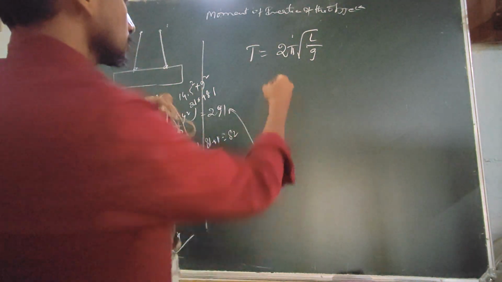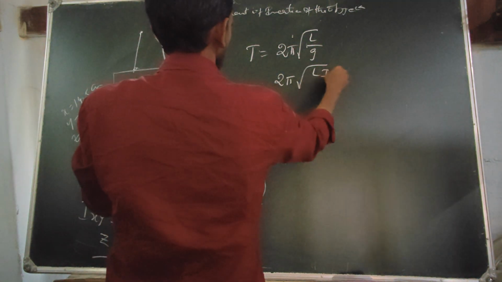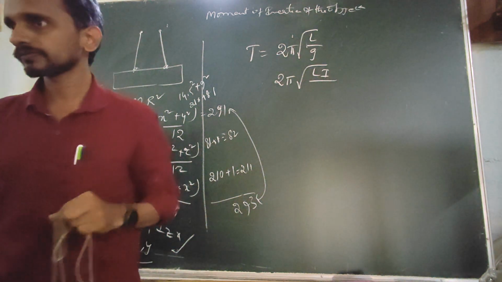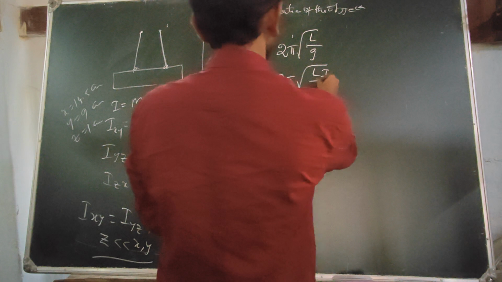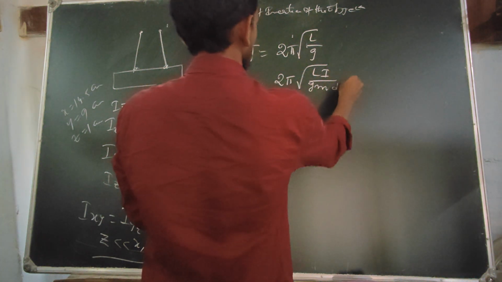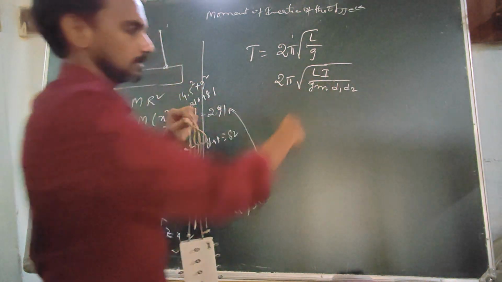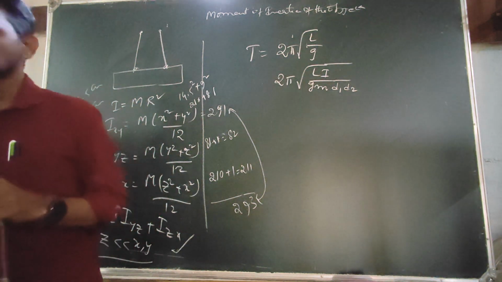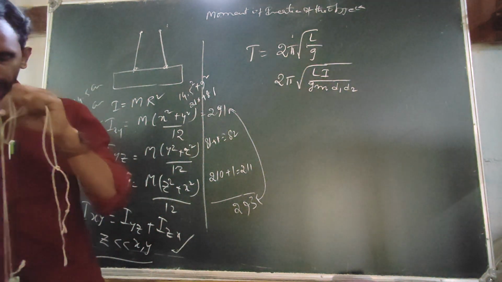So this equation now turns into 2 pi times root of I, I means mass times area, moment of inertia, divided by some component of mass, so I am dividing with m times g D1 D2.